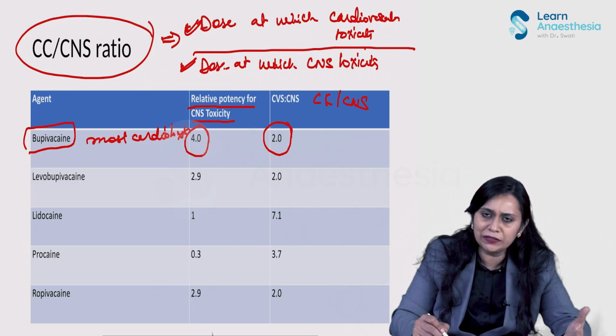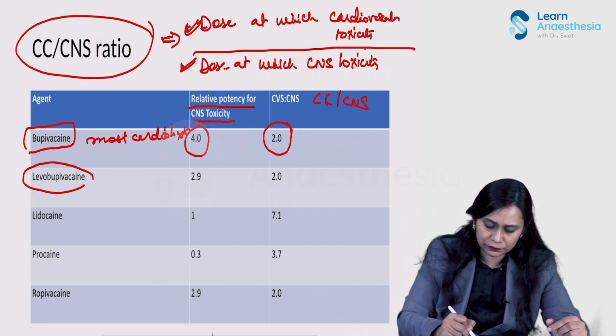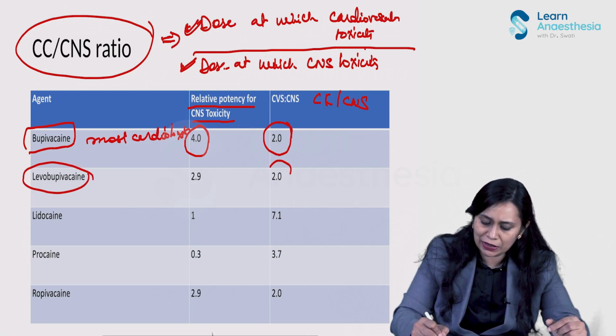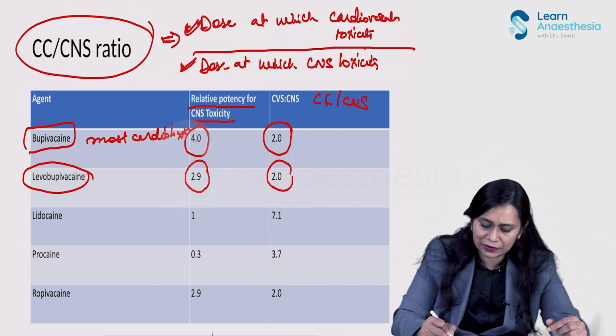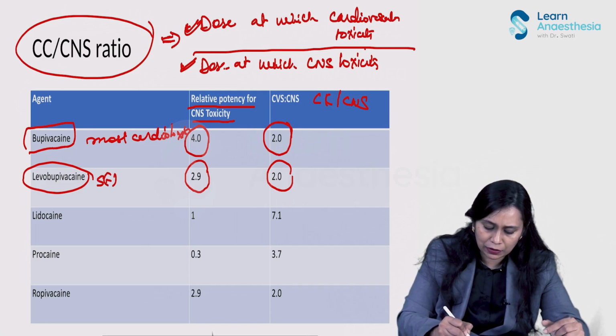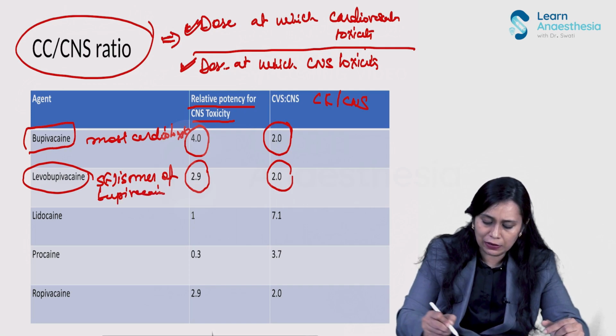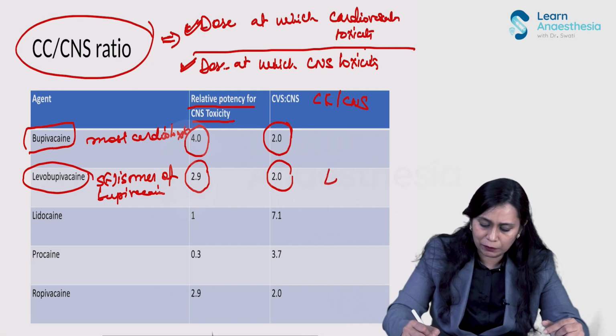Difference between CNS and CVS toxicity serum concentration is less. Levobupivacaine, CC-CNS ratio is same, but relative potency to CNS toxicity is less compared to bupivacaine. Levobupivacaine is the S isomer of bupivacaine and it is less toxic than your bupivacaine.